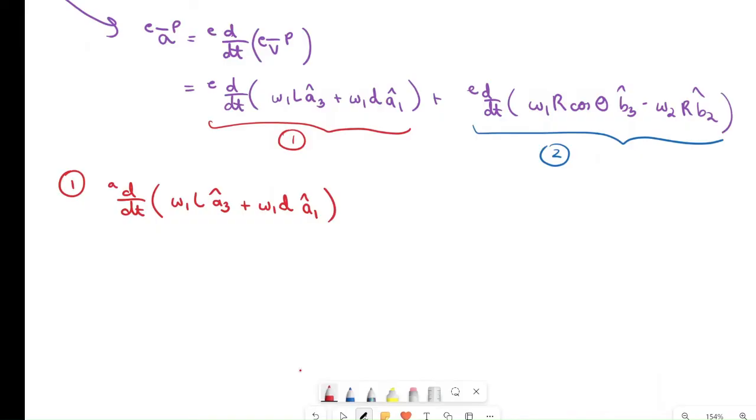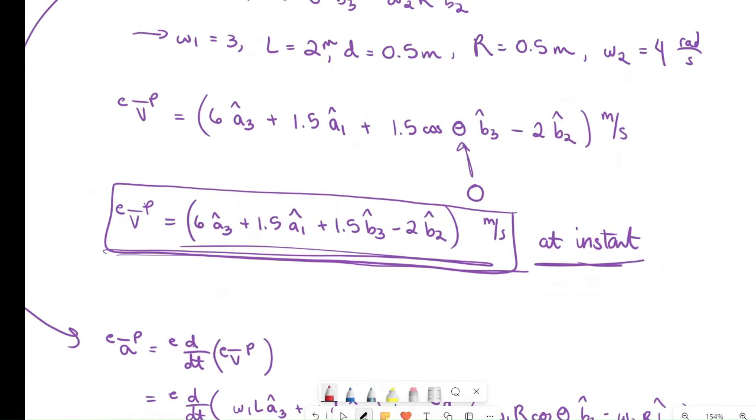We also know the same thing for D. So this means that the derivative of this expression with respect to the A frame is just going to be 0, plus the angular velocity of the frame it's written in, which is the A frame with respect to the E frame, crossed with the original vector. So that's omega 1 L A3 hat plus omega 1 D A1 hat. And then we already know the angular velocity of the A frame with respect to the E frame is negative omega 1 A2 hat, I believe. I think it was A2 hat.